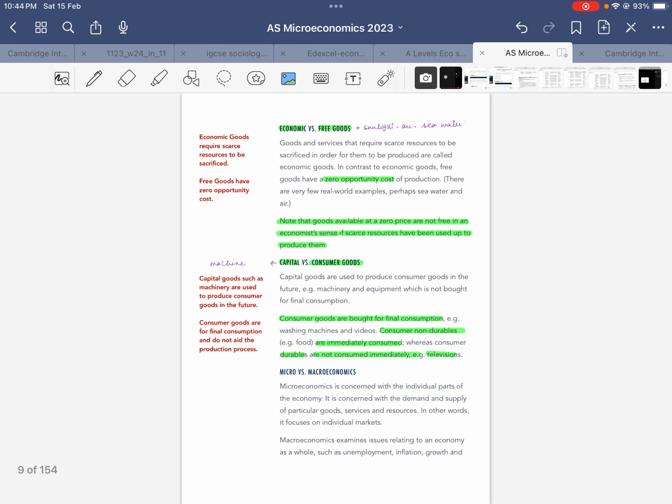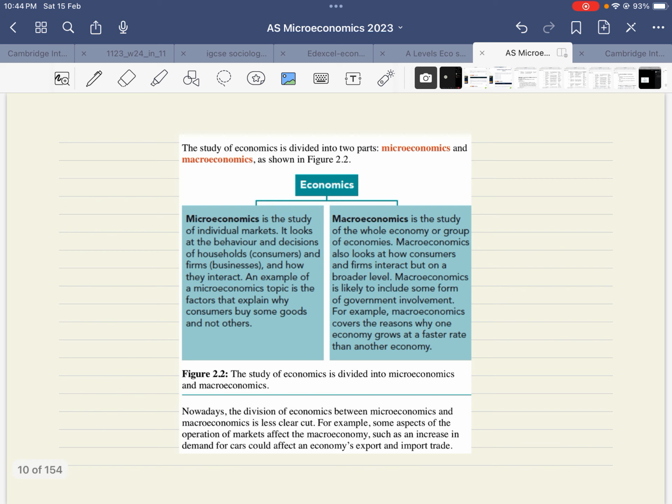So, let's talk about microeconomics versus macroeconomics. Micro, as the name suggests, focuses on tiny or small parts of the economy, and macro means bigger part of the economy or focuses on the bigger picture.